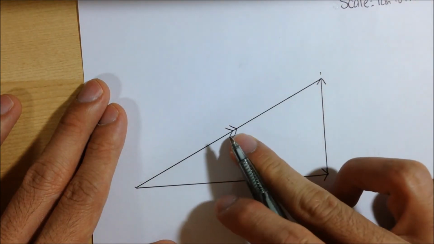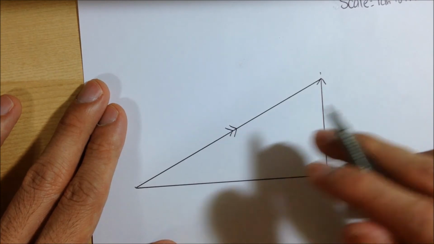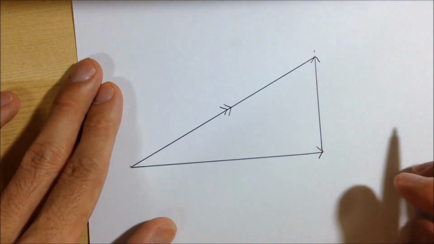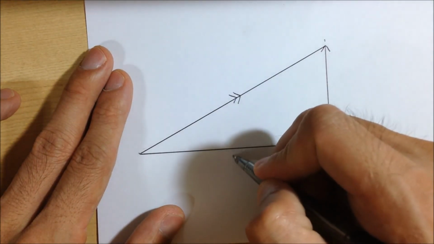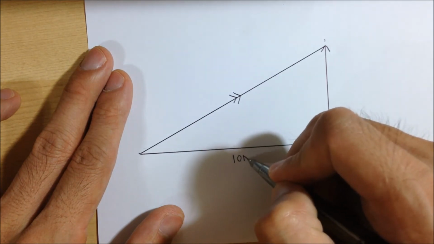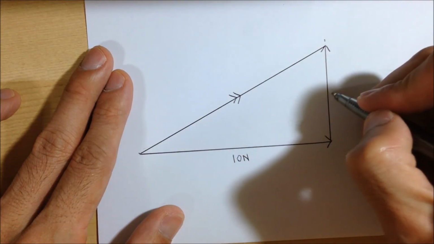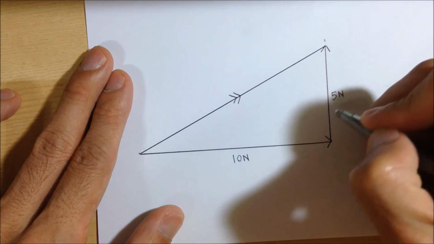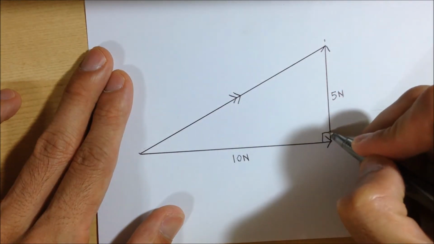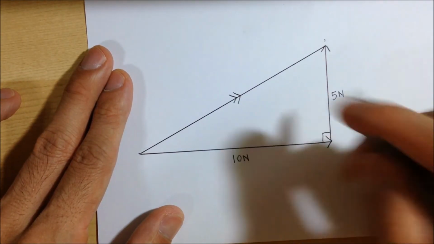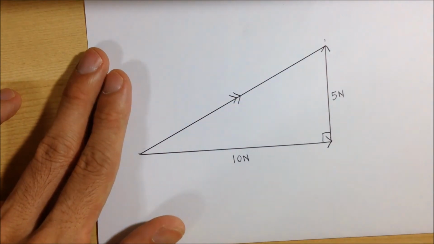You must remember 2 arrows to indicate resultant force, 1 arrow for the 2 forces, and you need to label this. This is a 10 Newton force, this is a 5 Newton force, this is the right angle, and this is your resultant force.